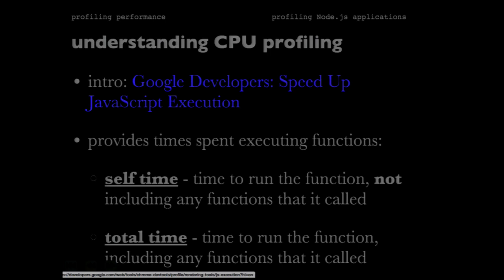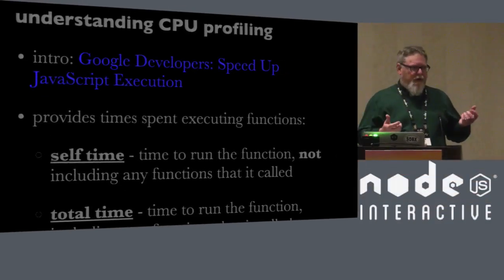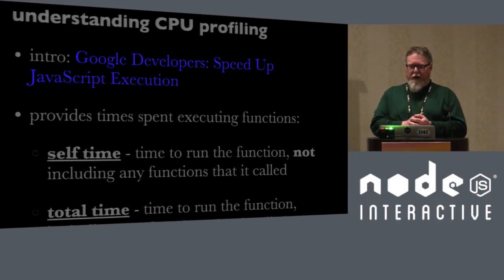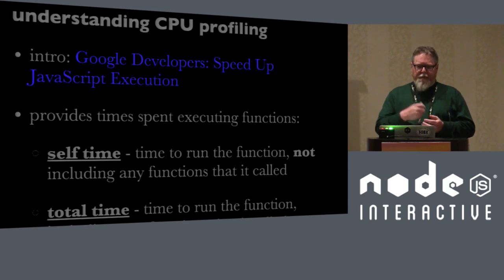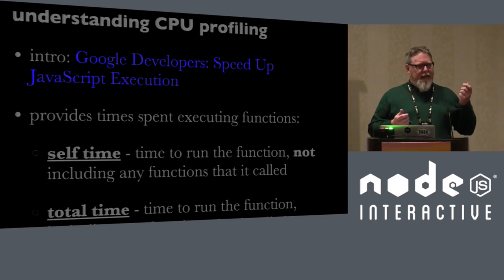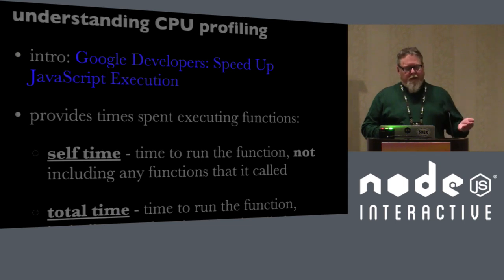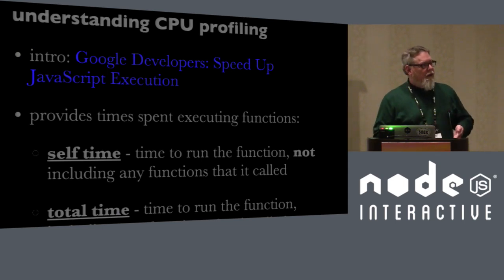What you're getting back is essentially a bunch of information about functions that were invoked while the CPU profile was taking place. For each function, you're going to have two different numbers. One is called self time, the other is called total time. Self time is only the amount of work that the function did itself, without any of the functions it called. Total time takes into account all the functions it also called.